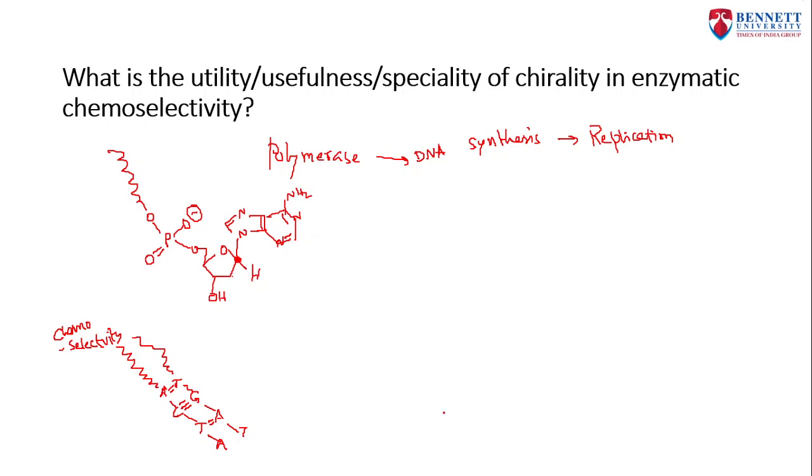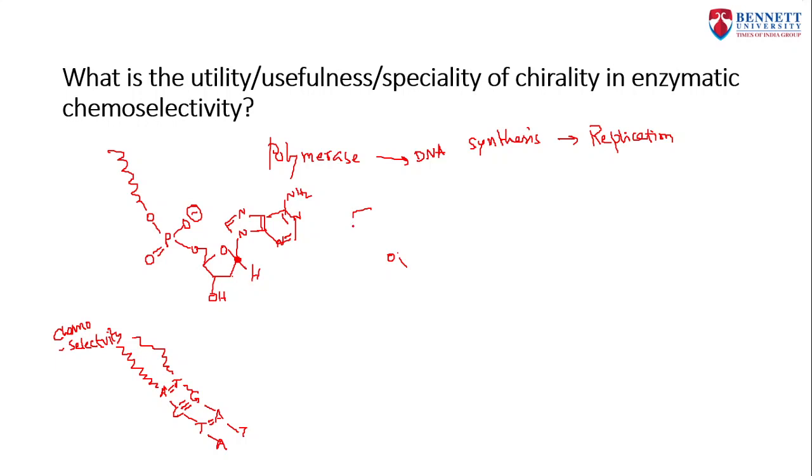So let's say we are trying to incorporate T opposite to it. So T will come opposite to it, and the T is going to look something like this.